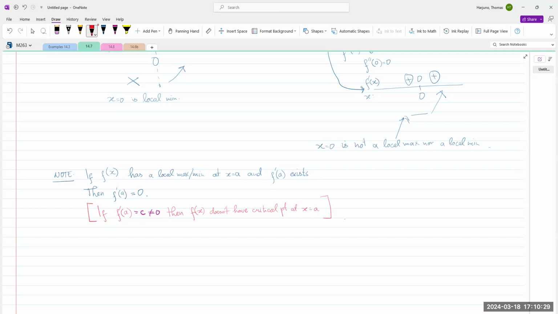It's not even a critical point, so we don't talk about local max, local min. We will bring this discussion now to calculus 3.